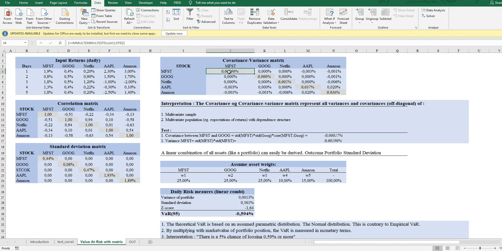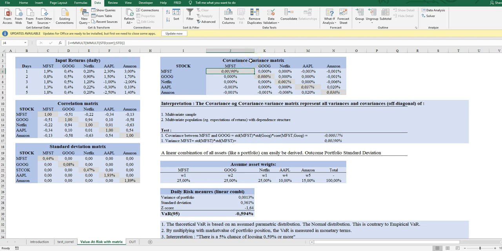The covariance of a stock with itself is the variance. So this is why perhaps you can argue that you could call it a covariance matrix, and you don't need the variance expression as well.